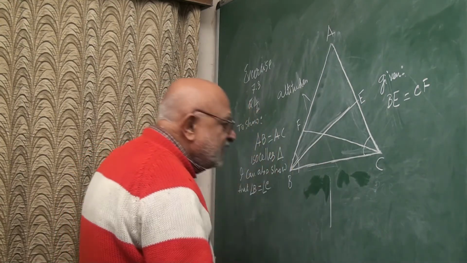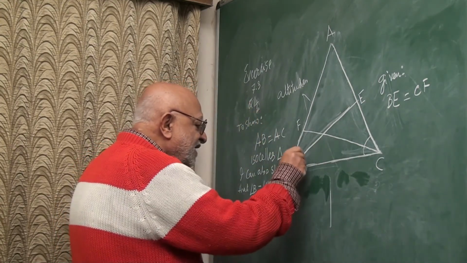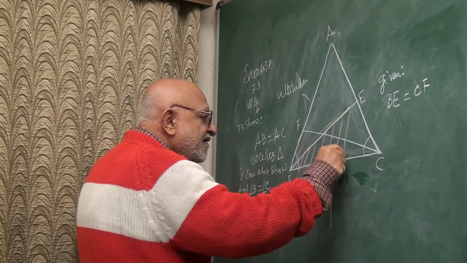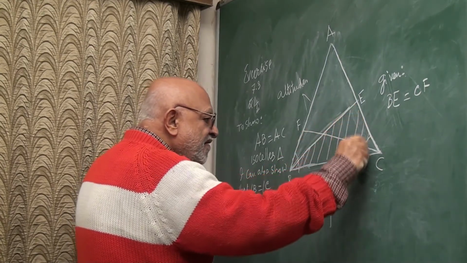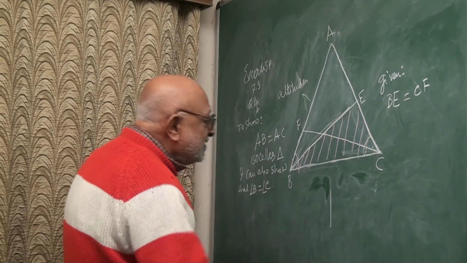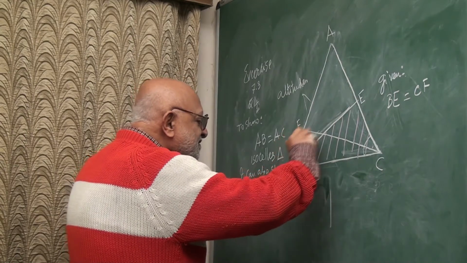Those two triangles are this triangle and the other one, this particular triangle.